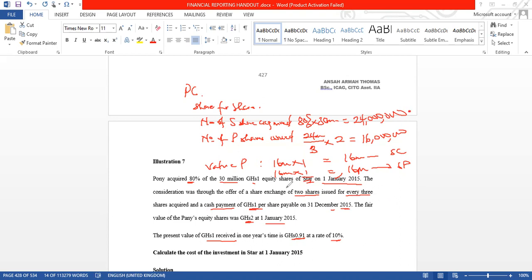So in the contingent consideration, what we see here is that we bought 24 million and the price is 1. So you have 24 million shares multiplied by what? 1 cedi. And the present value of this money is 0.91. Okay, so that is what they tell us.